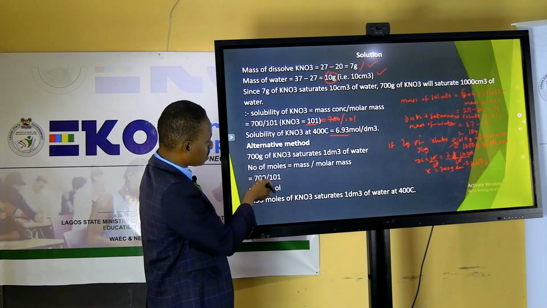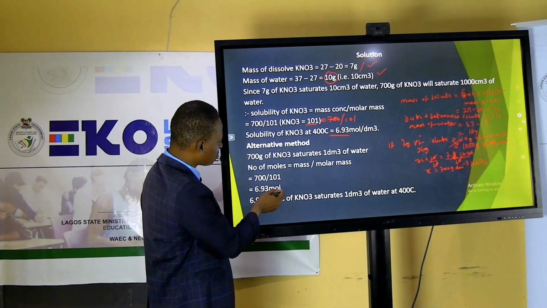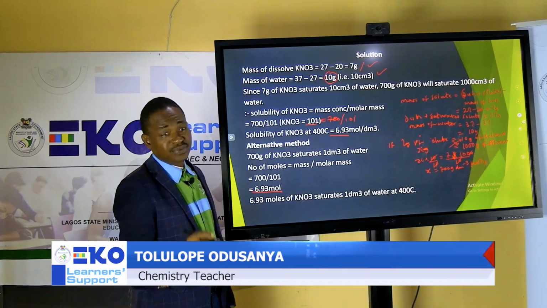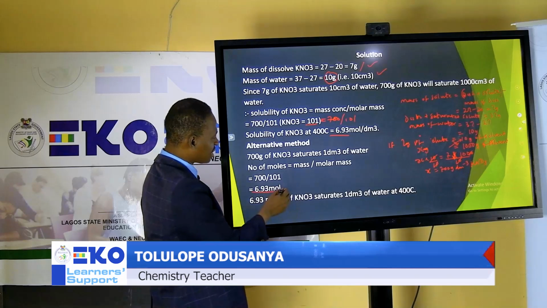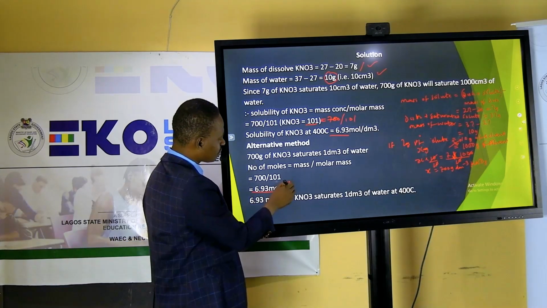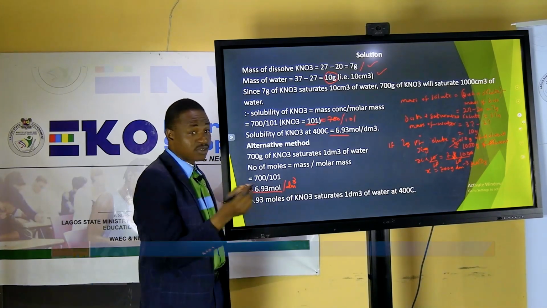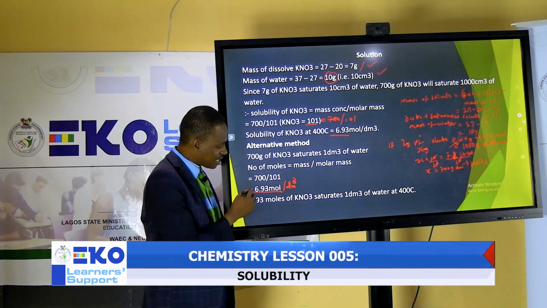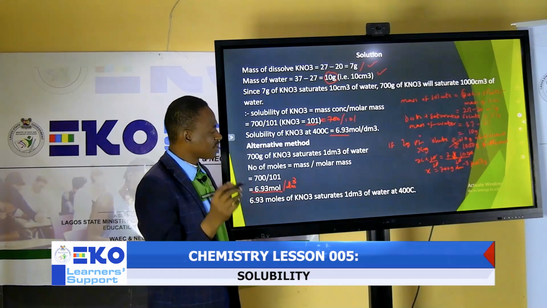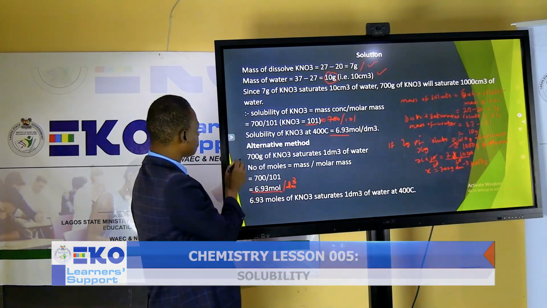Therefore, 700 divided by 101 will give you what? 6.93 mole per dm cube, which simply means 6.93 moles of KNO3 saturate 1 dm cube of solvent at that particular temperature.